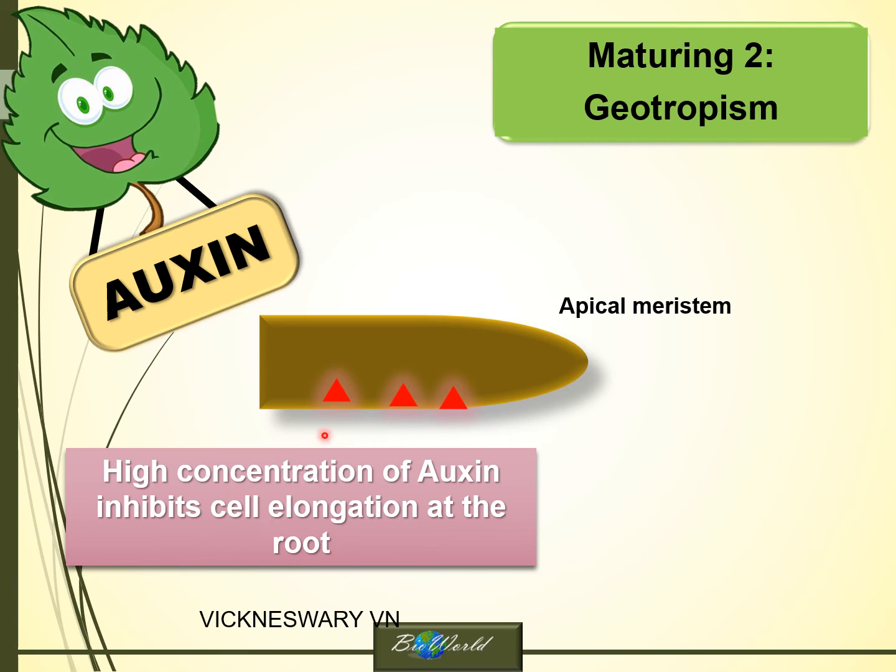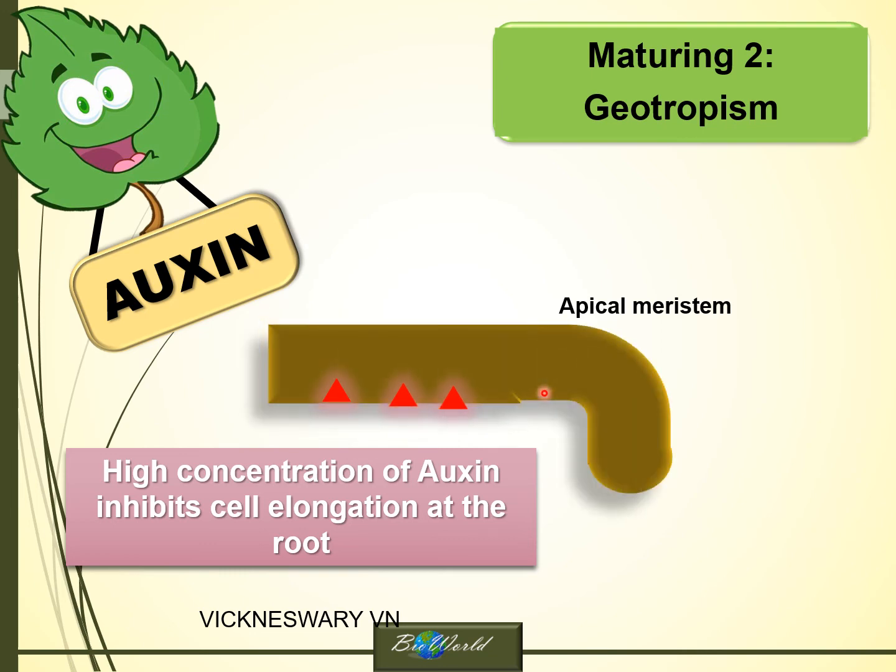So what's going to happen? The cells on this side are not going to elongate, but the cells that have less auxin above here will elongate. So this part of the root will get longer. So the length will cause the root to now bend downwards. So this is called geotropism.